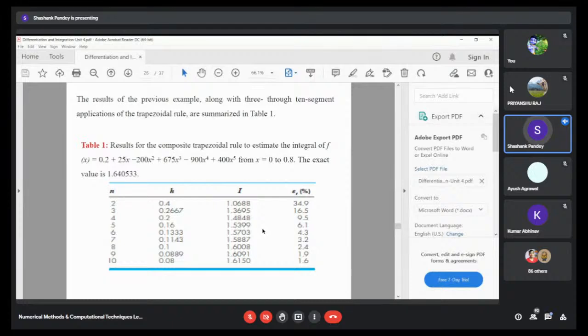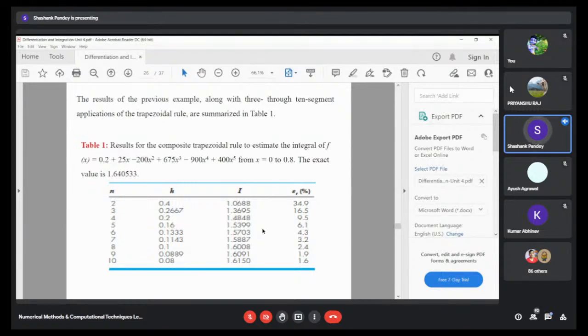The result of the previous example along with 3 to 10 segments. You just now asked how to decide the value of n. You can see that by taking n is equal to 2, the percentage error was 34.9%.